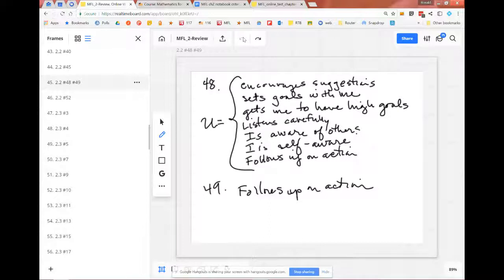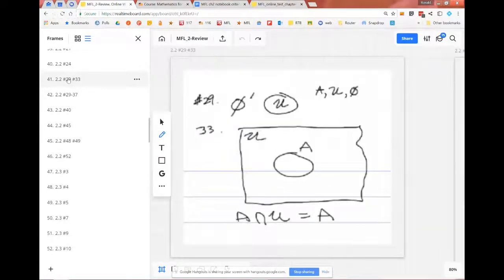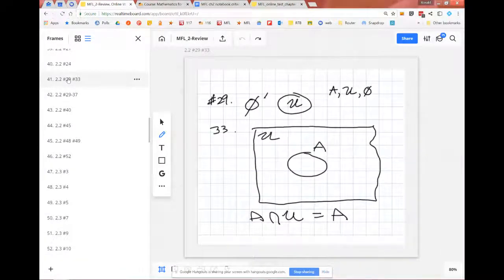This may be slightly repetitive, but could we go over 29 in that same exercise one more time? Yes. Oh, 29 is the empty set complement. Here's my explanation of that. The empty set means basically nothing.